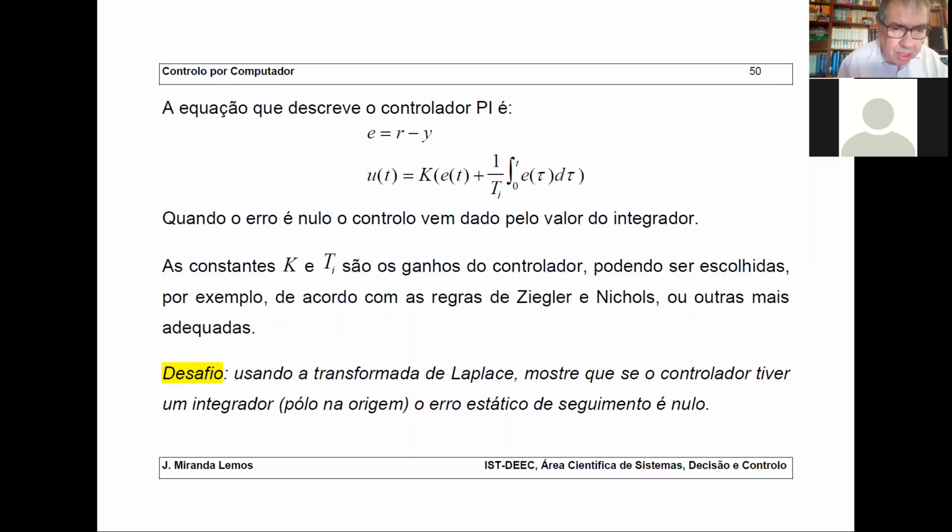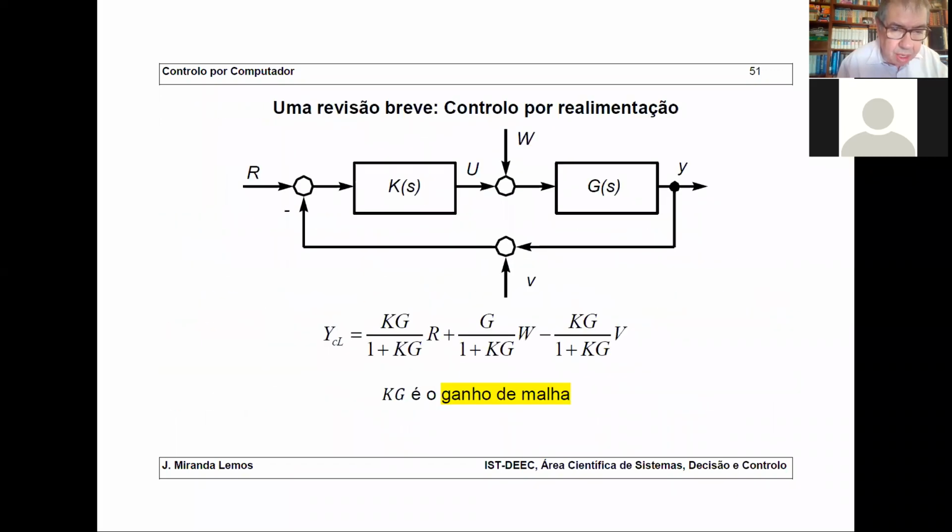Okay, now the general case. In the general case, we have a feedback loop that has these signals and systems. So you have your plant, which I'm assuming is linear, and it's modeled by a transfer function G(s).